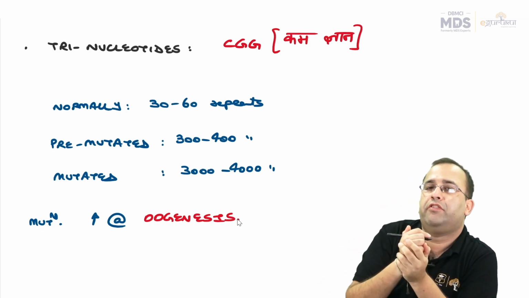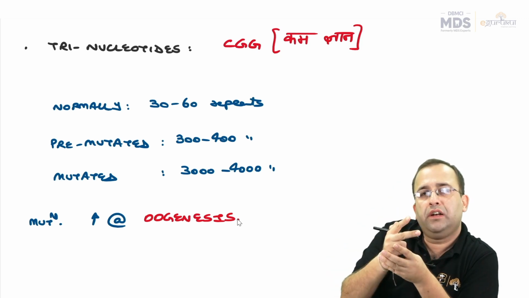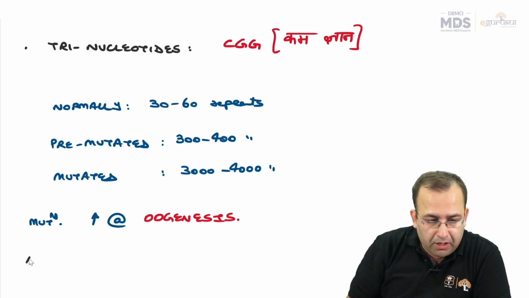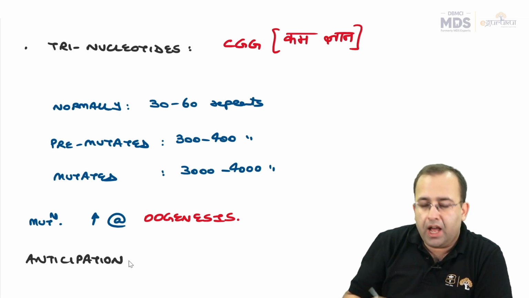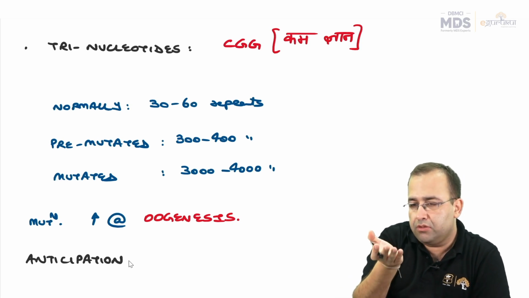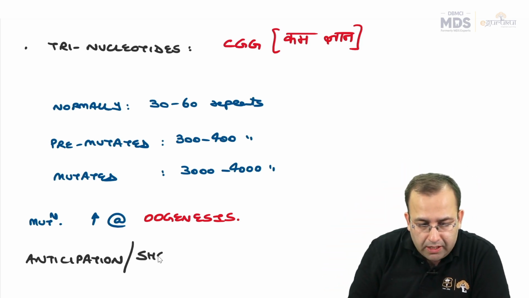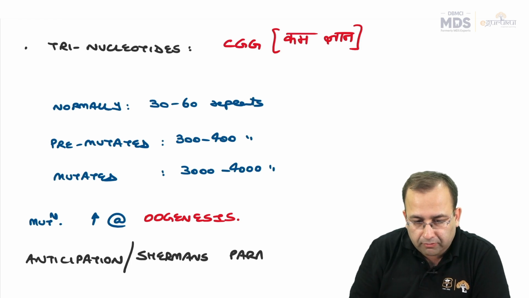So who will be more severely affected? Mother or the child? The child. This principle is called anticipation. We are anticipating that the child is more severely affected than the mother. This is called anticipation or Sherman's paradox.